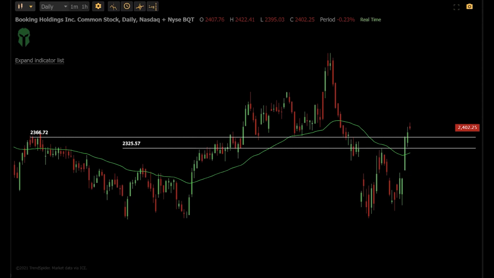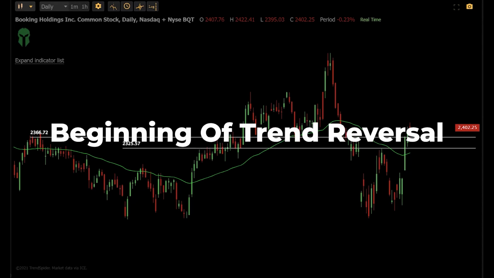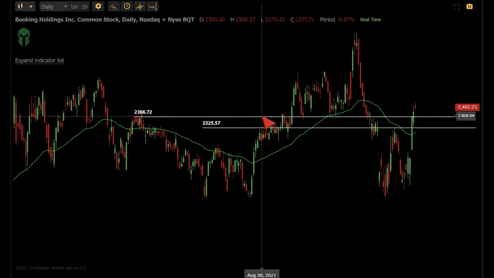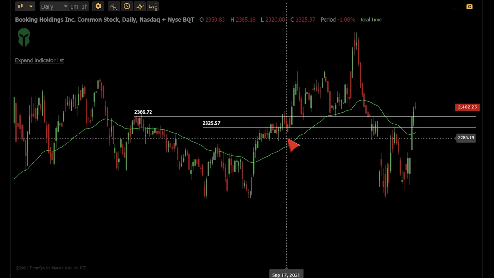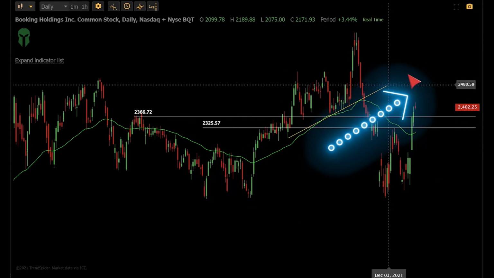Very simply, the best time to short a stock or to exit a stock is the beginning of a trend reversal. And what we're about to go over is going to show you clearly how you can utilize this for trend reversals. So in this example, you can clearly see from here that you're in an uptrend.